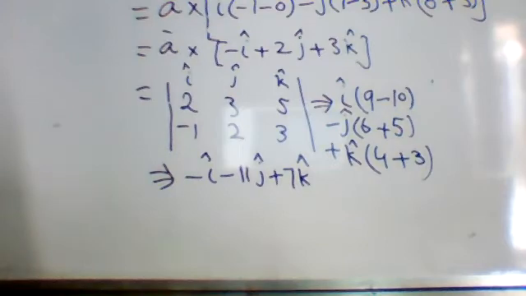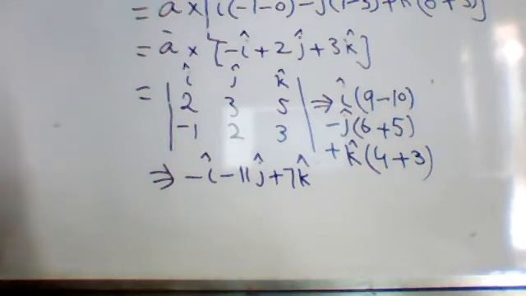For example, 4 into vector A, or 5 into vector B. But when both are vectors, for example vector A and vector B, we will not write A into B. We will write either A cross B or A dot B. You have to remember this.